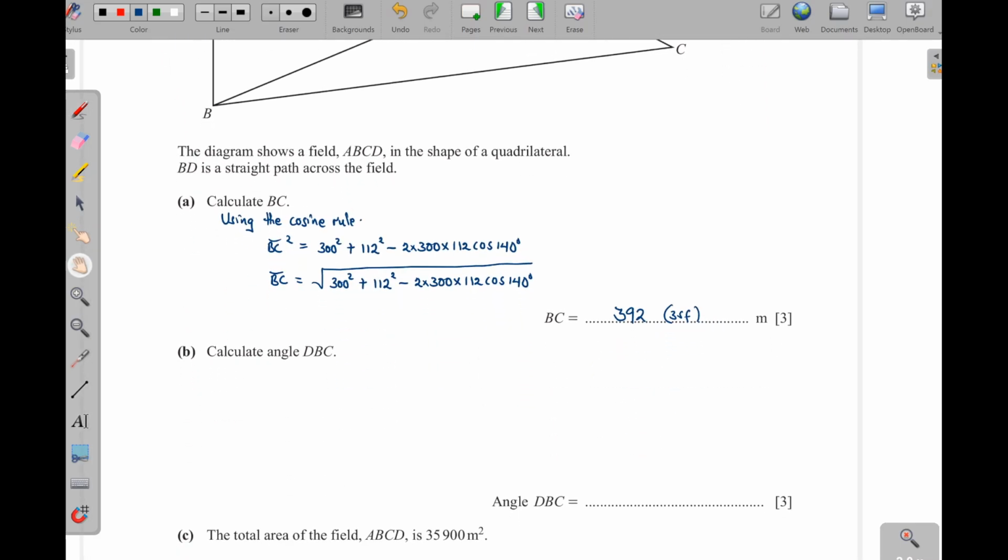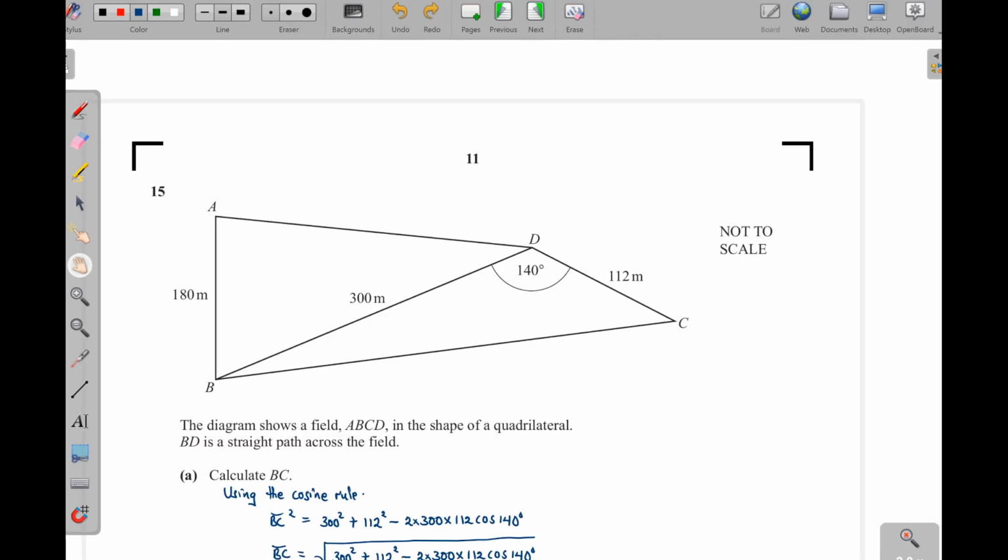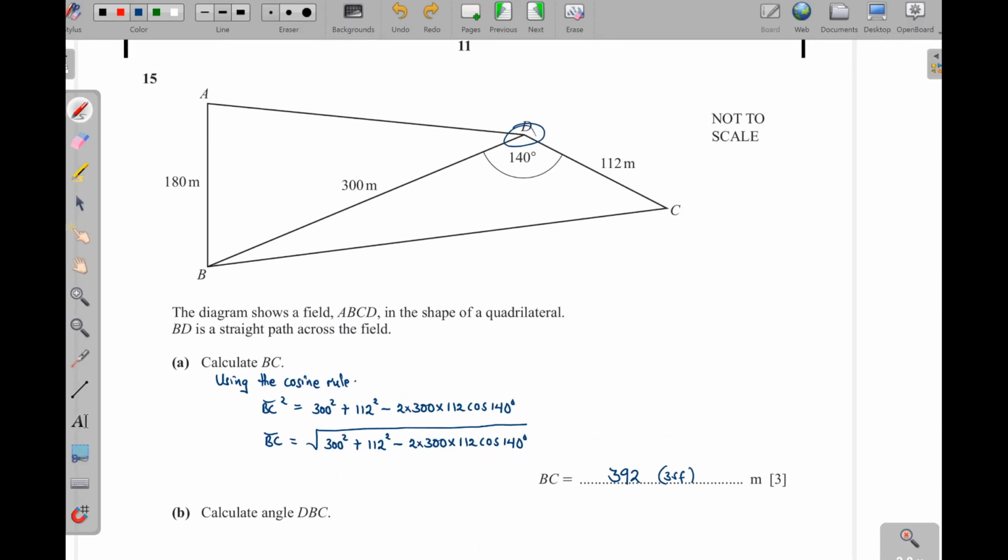Then part B, calculate the angle DBC. So where is DBC? Since I know this one here and its opposite angle, then I can find this angle by looking at also its opposite side.